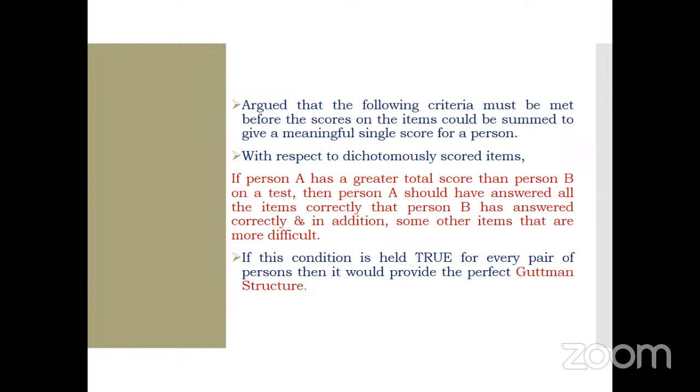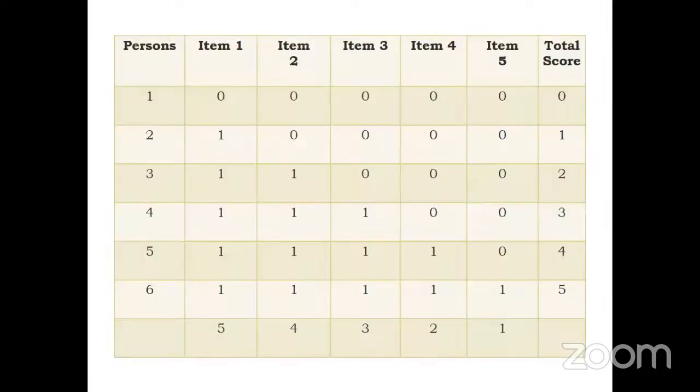What is this criterion? If person A has a greater total score than person B on a test, then person A should have answered correctly all the items that person B answered correctly, and in addition, some other items that are more difficult. What does it mean? Consider this example here.